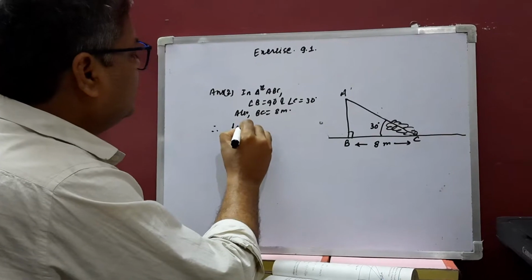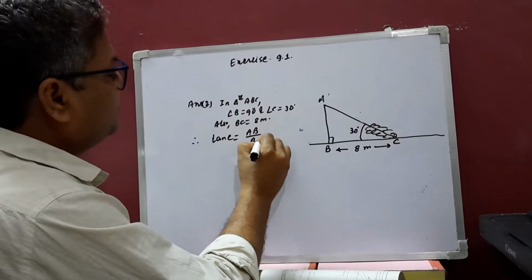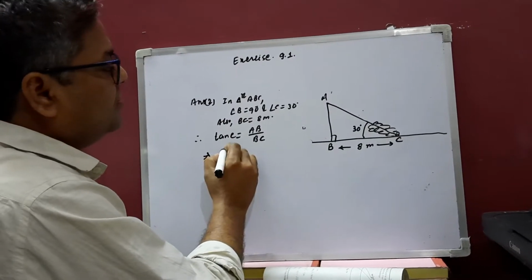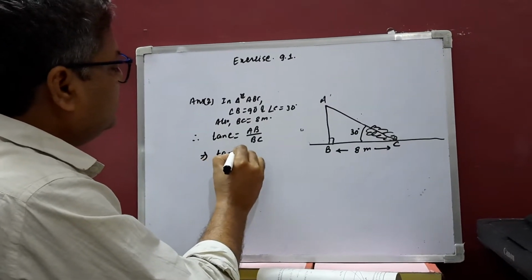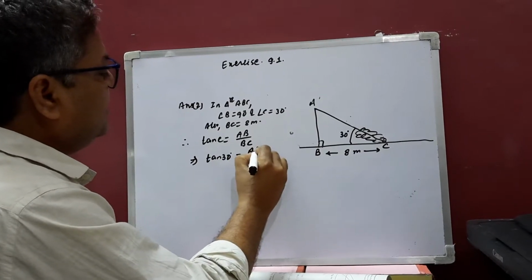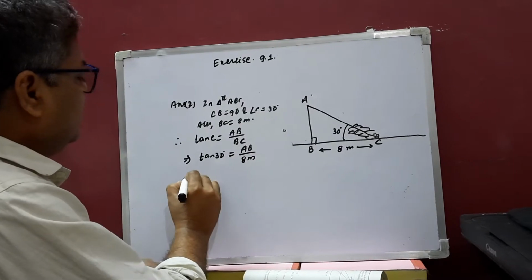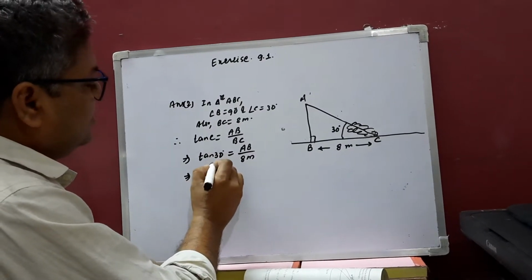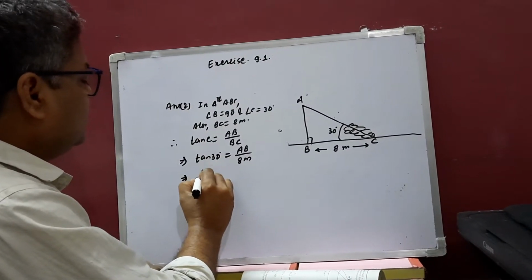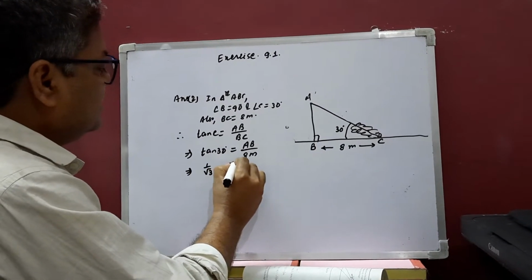Therefore tan C is equal to AB by BC, and C is 30 degree. You will write AB here and BC means 8 meter, and you will substitute the value of tan 30 degree, which is 1 by root 3.